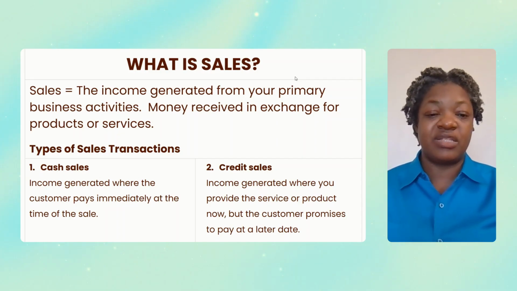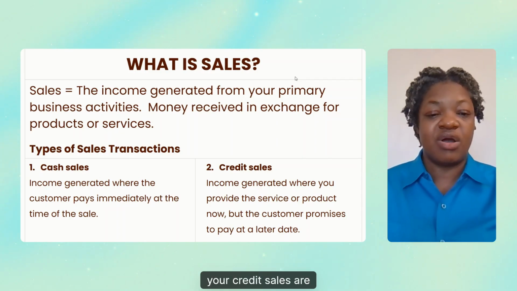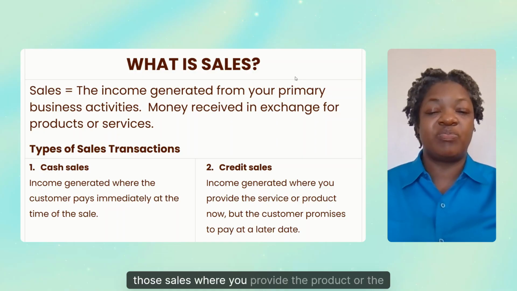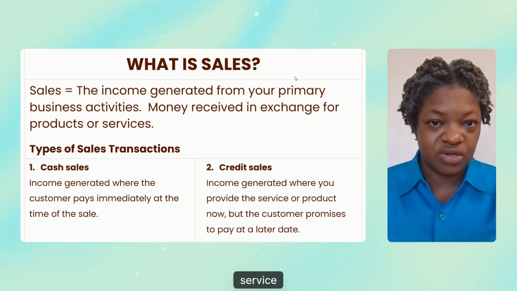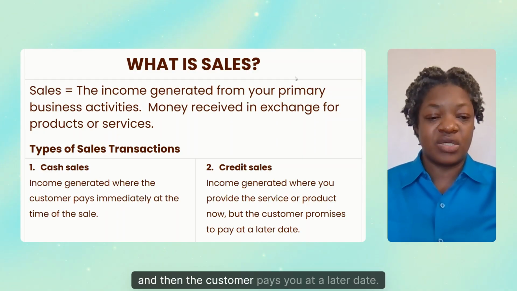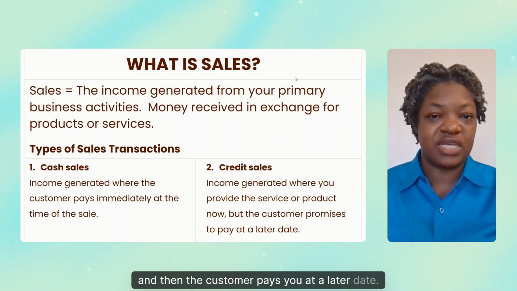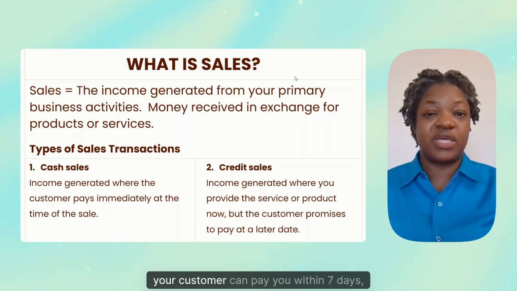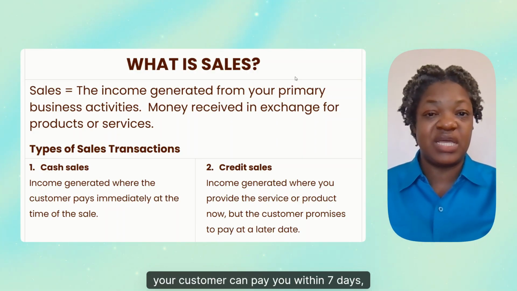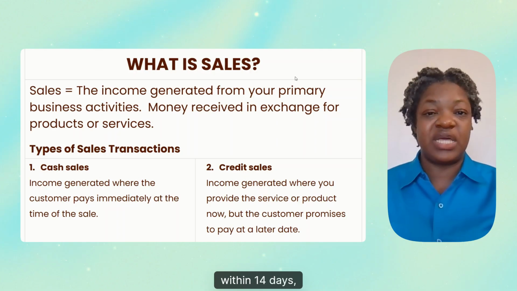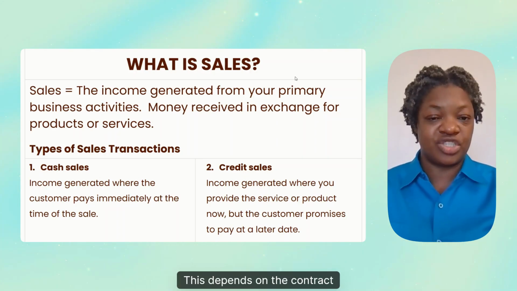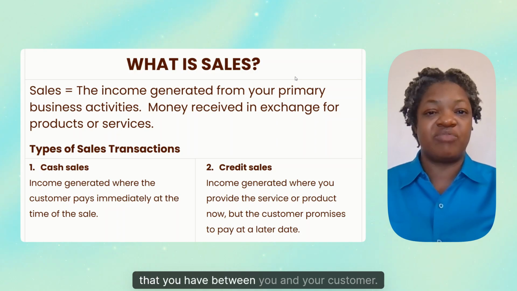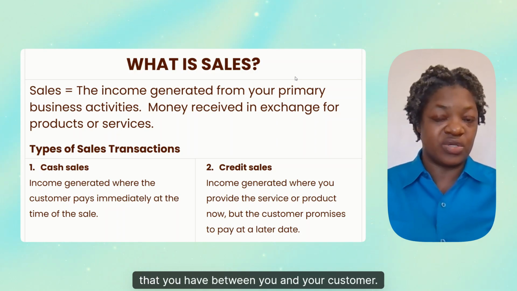On the other hand, your credit sales are those sales where you provide the product or the service and then the customer pays you at a later date. Now, your customer can pay you within 7 days, within 14 days, within 30 days. This depends on the contract that you have between you and your customer.